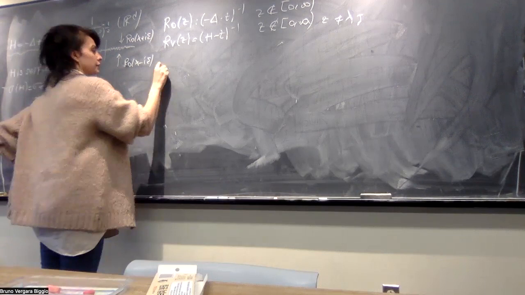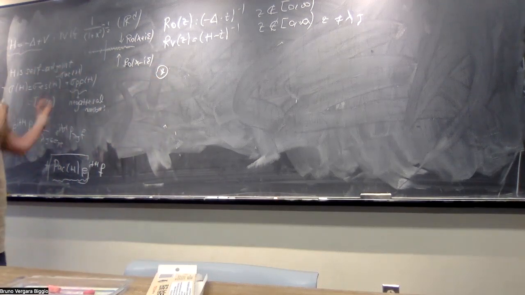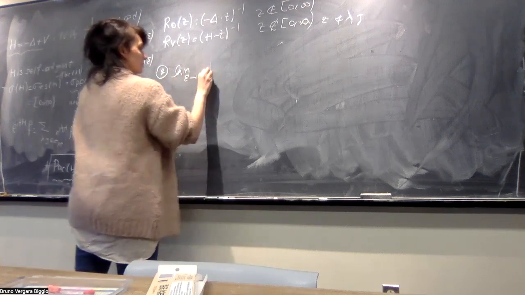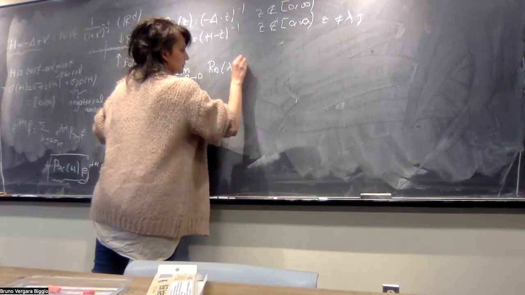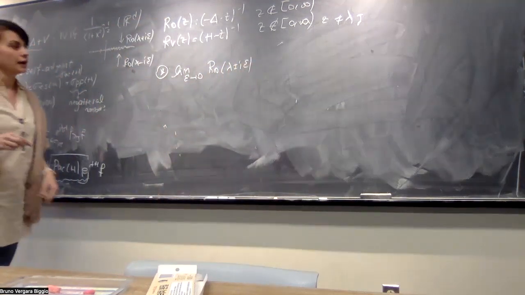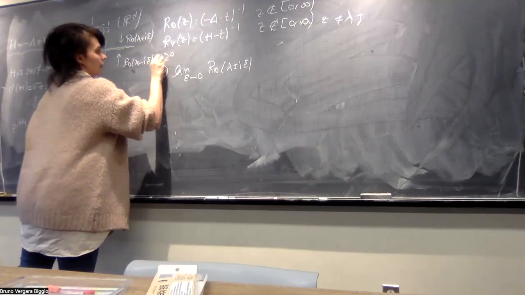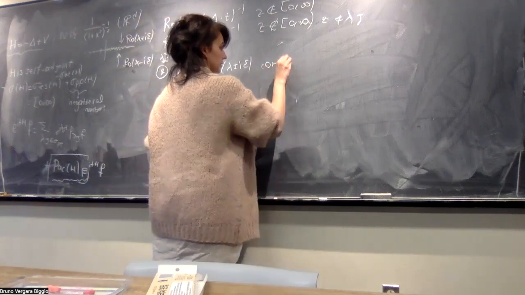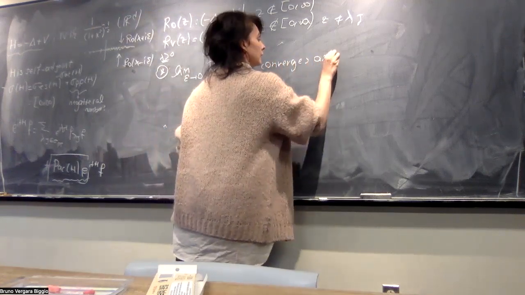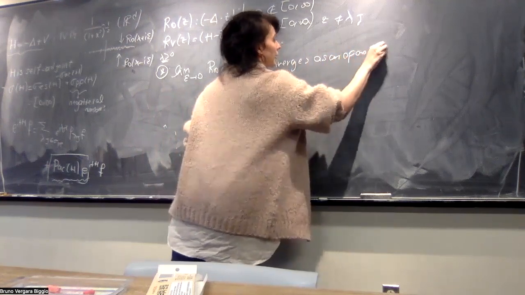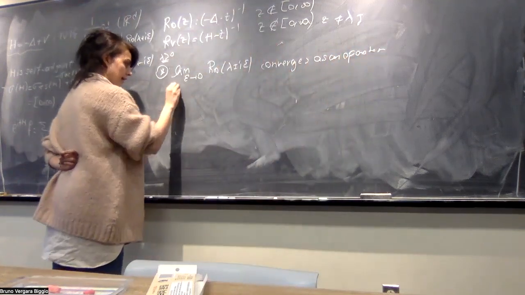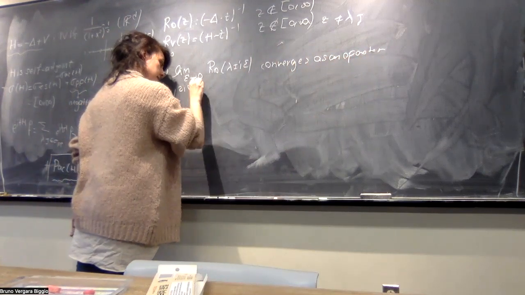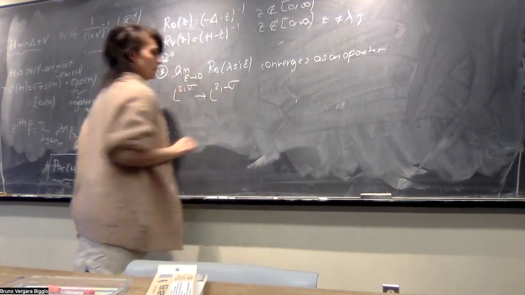So our first result is gonna be this. As epsilon goes to 0, R0(lambda plus i epsilon), for I'm taking lambda positive, converges as an operator in weighted L^2 spaces, so it's gonna go from L^2_sigma to L^2_negative sigma.